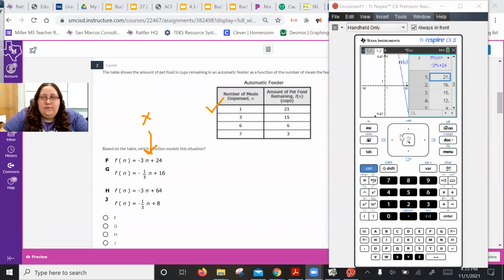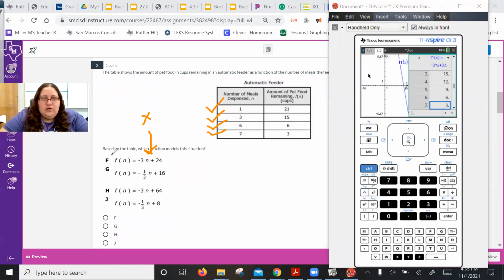Our next one is 3. When I'm at 3, I get 15. Also checks out. So let's check the next one. 6, 6. Also checks out. And our last one is 7, 3. So we got lucky on this one.